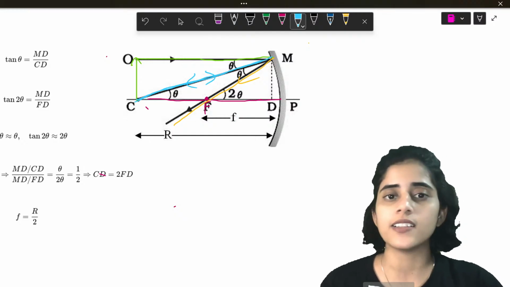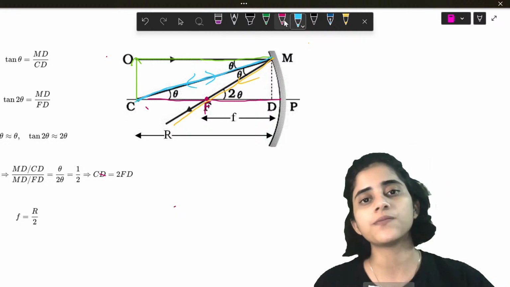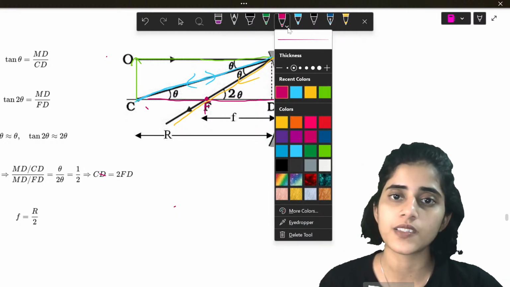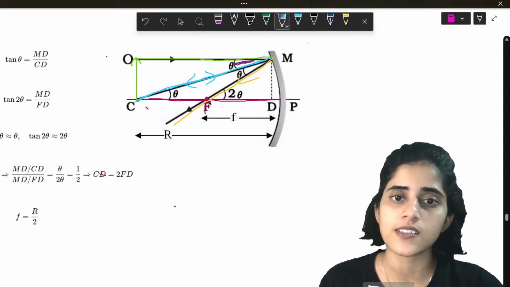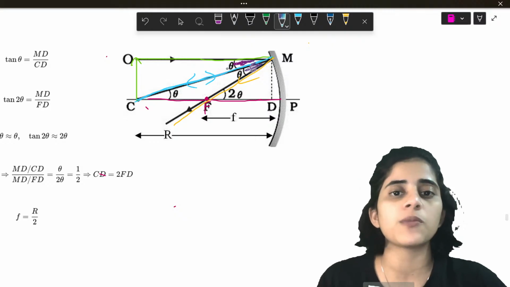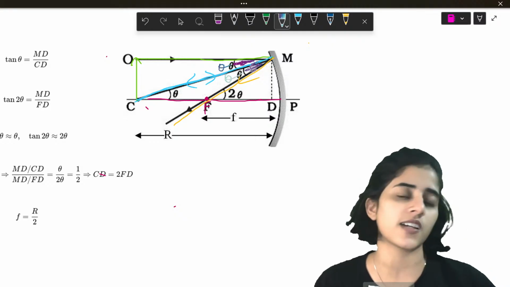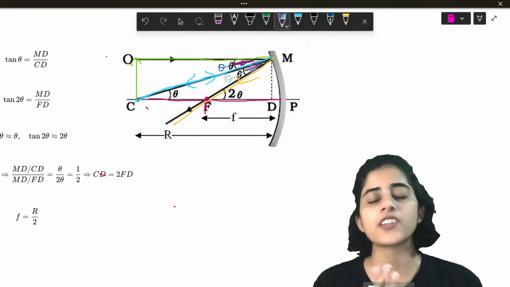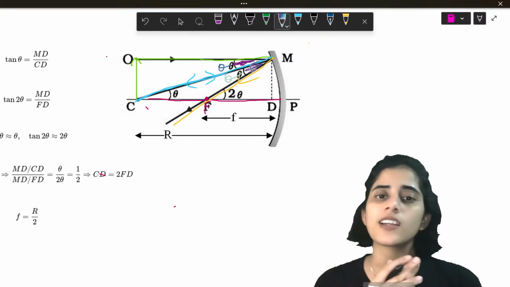So let's make angles. Initially, the angle of incidence is this, and the angle of reflection is this, so they have to be equal. This is theta, this is theta. Law of reflection: angle of incidence should be equal to angle of reflection.